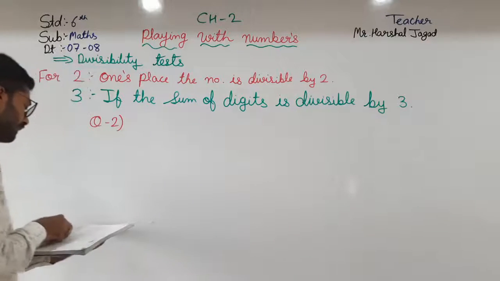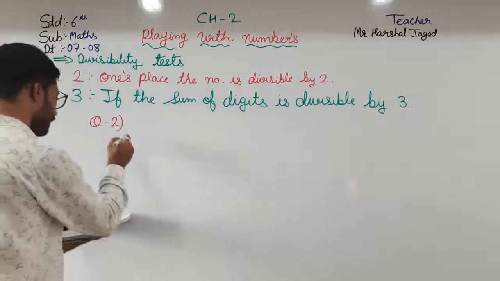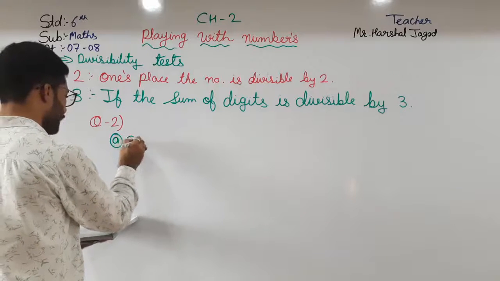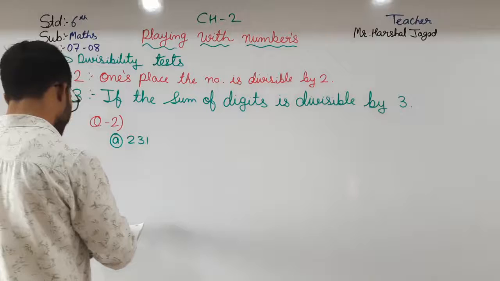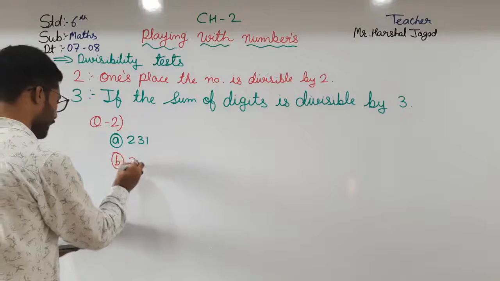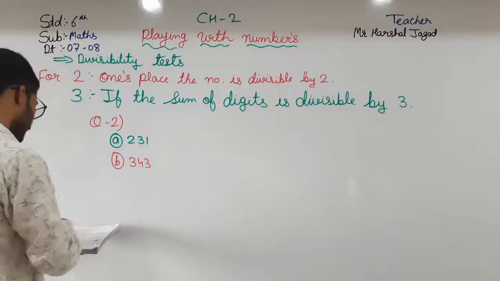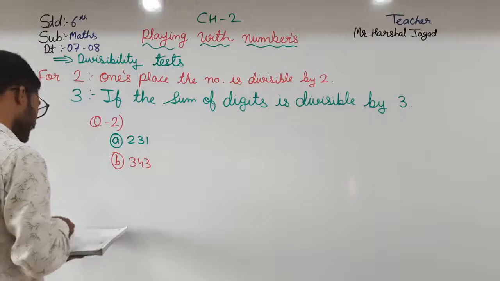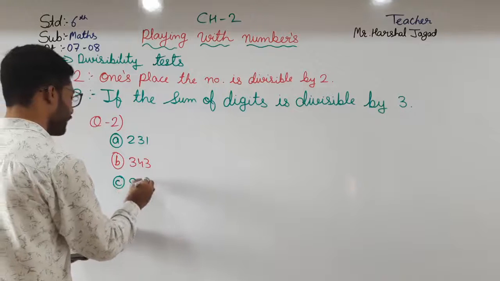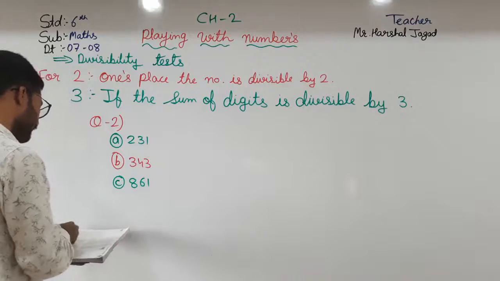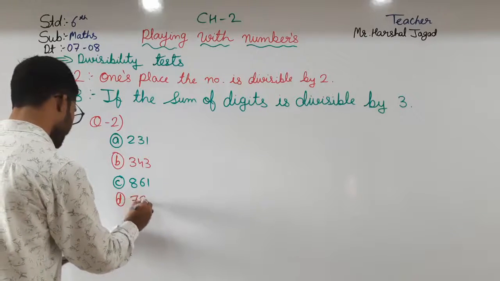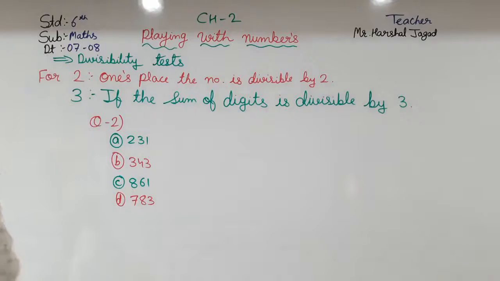Taking A, that is 231, then B, 343, then C, 861, and then D, 783.